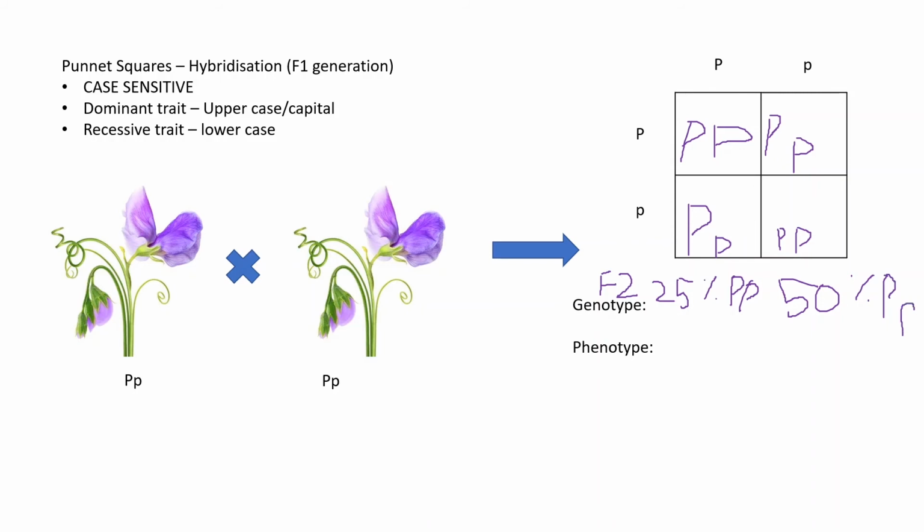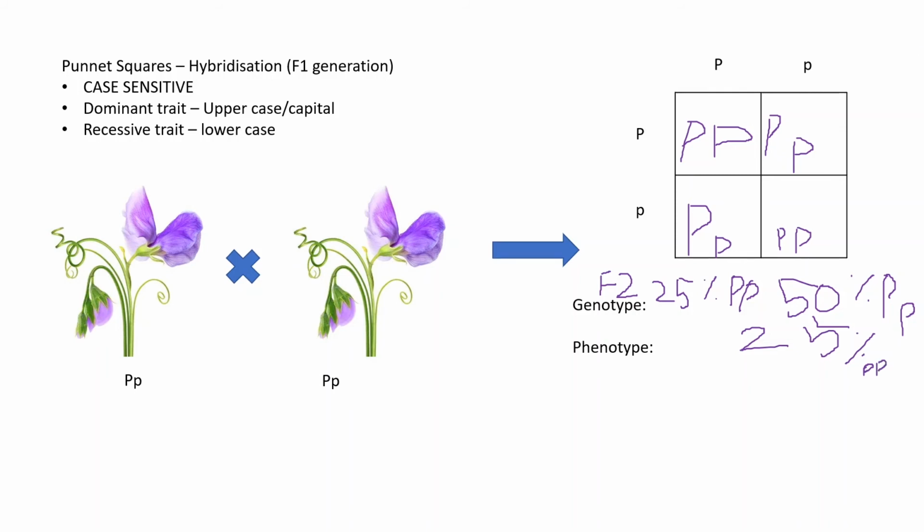And the final offspring, the fourth one, is going to have two recessive alleles, so 25% little p's. And pardon my poor drawing skills with my mouse.